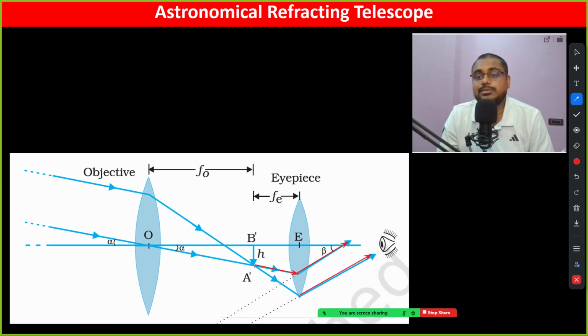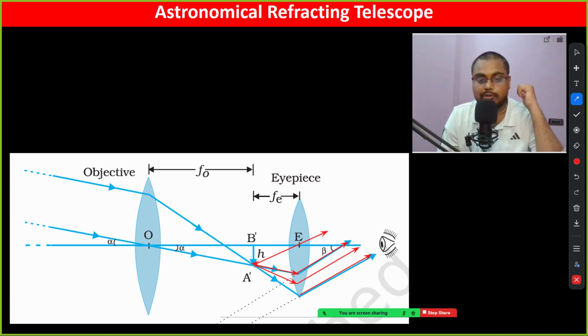Since the image is being formed at infinity, these rays are going to be parallel. There will also be one ray passing through the optical center, and this ray also will be parallel. All these rays are going to be parallel.